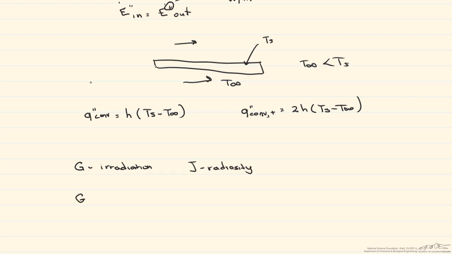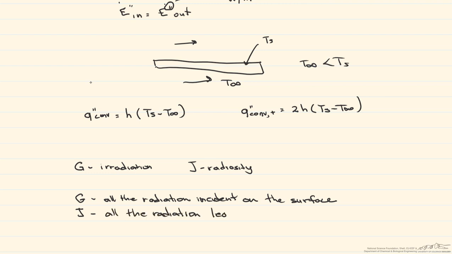So G is all the radiation incident on the surface, and J is all the radiation leaving the surface. So this is the G that is coming in, and here's the J that's leaving the surface.